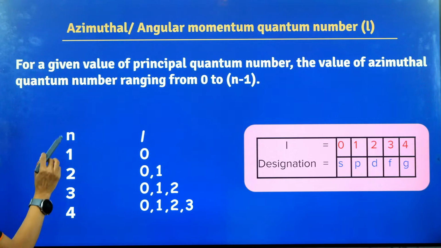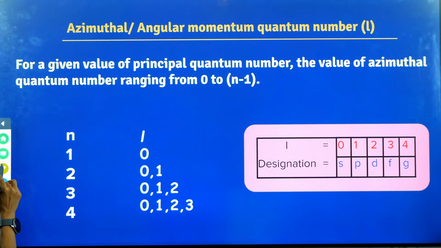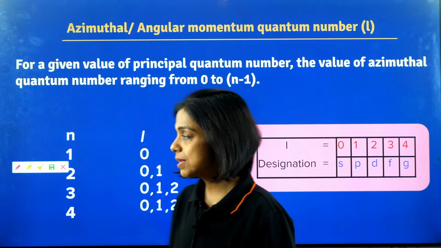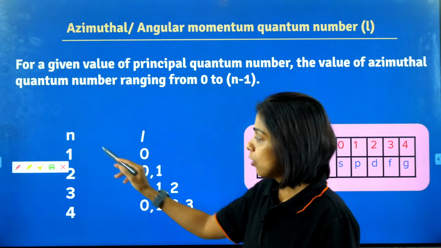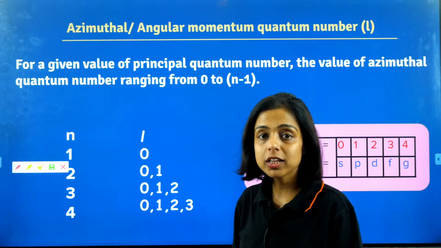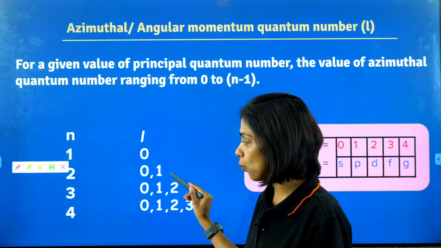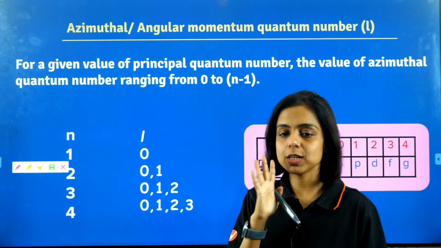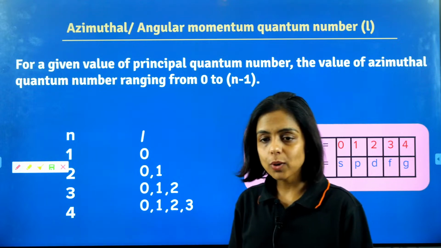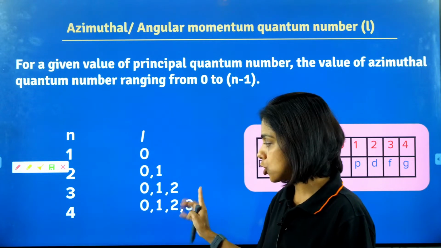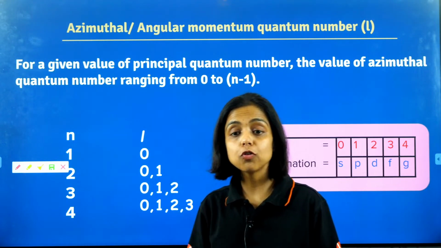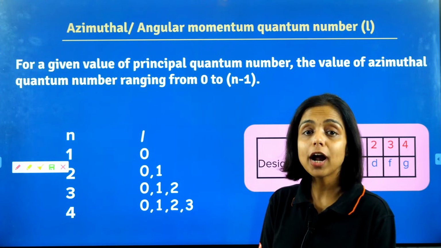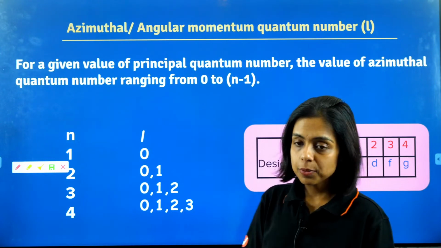So if n is equal to 1, the first shell, that means l value is 0. If n equal to 2, what are the possible values of l? 0 and 1, n minus 1 is 1. So you have to go from 0 up to n minus 1. n equal to 3, what are the possible l values? 0, 1, 2. For n equal to 4, you have 0, 1, 2, 3, right?